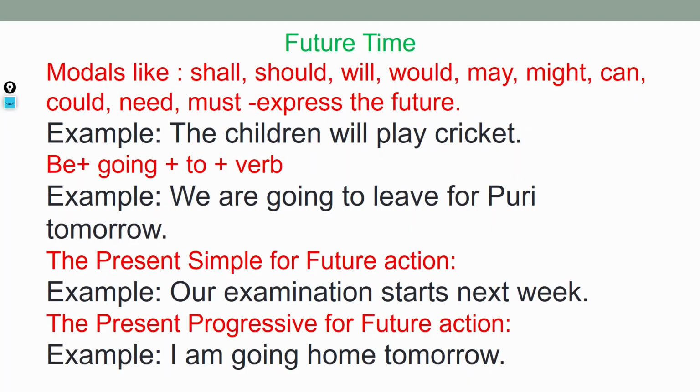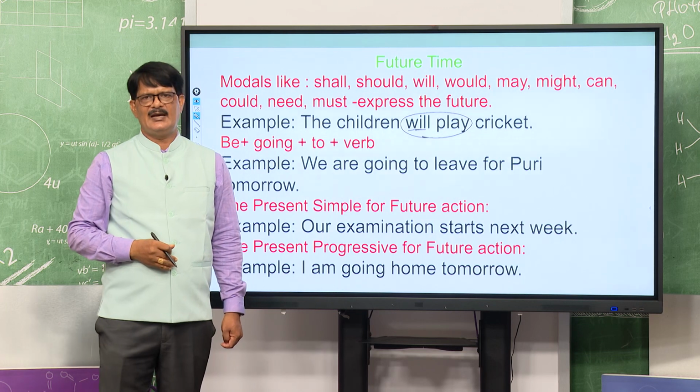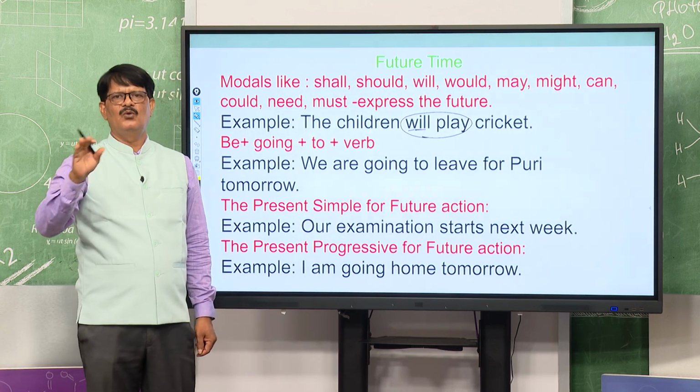The modals like shall, should, will, would, may, might, can, could, need, must are all used in case of future time. The example: the children will play cricket. Here will is the modal. That means we came to know that in case of future time we will use the modals.